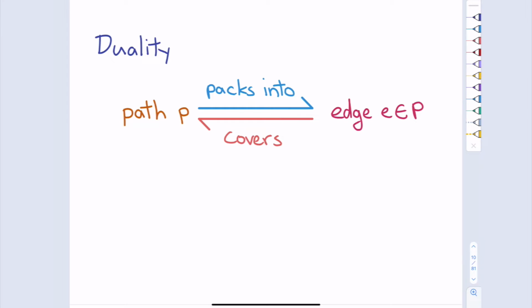Basically a big reason why we can even solve these problems is because one bounds the other, and in fact the optimum values are equal. The maximum number of edge disjoint paths is always equal to the minimum number of edges in any S-T cut.